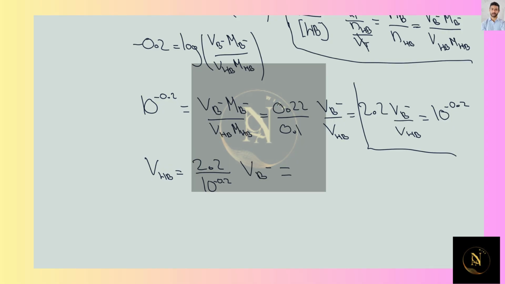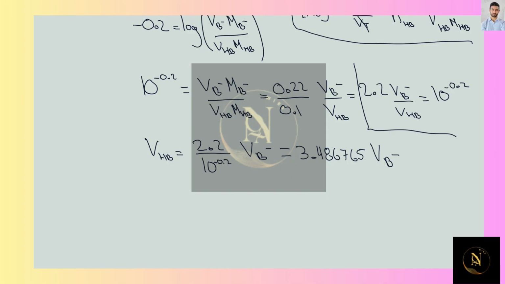This is then equal to 3.486765, just to take as many significant figures as we can, times the volume of B minus.